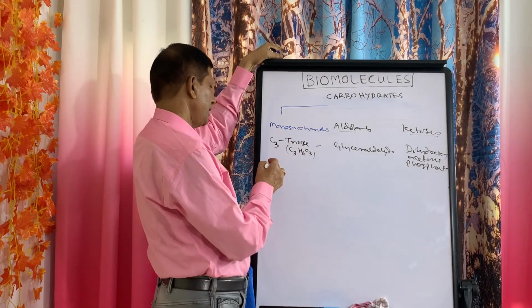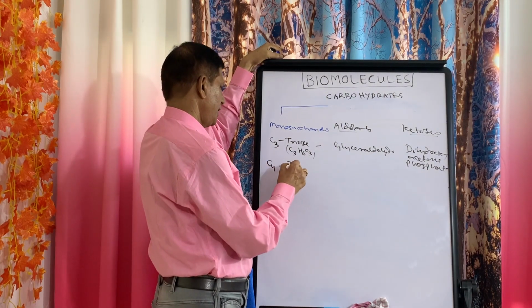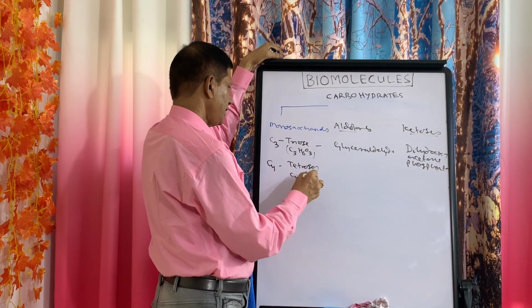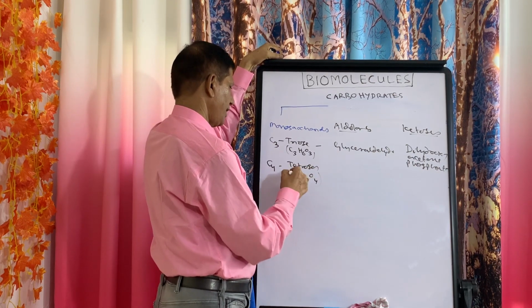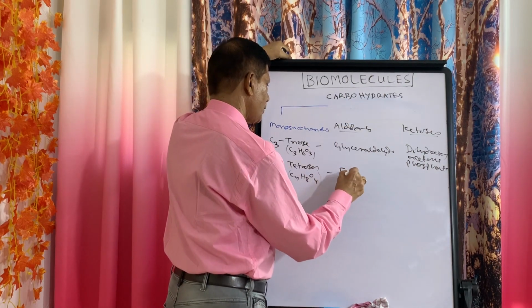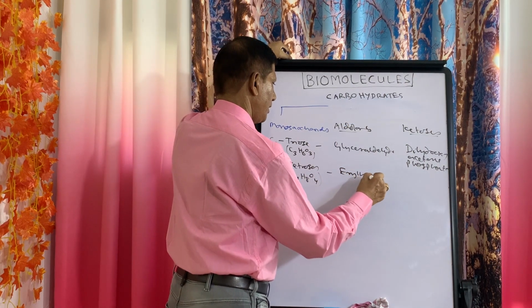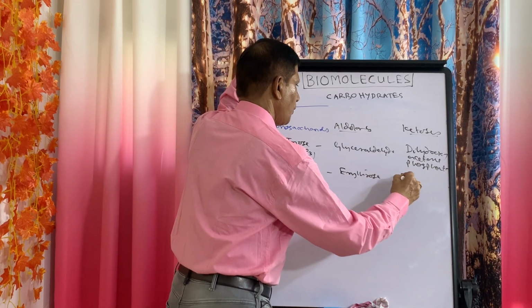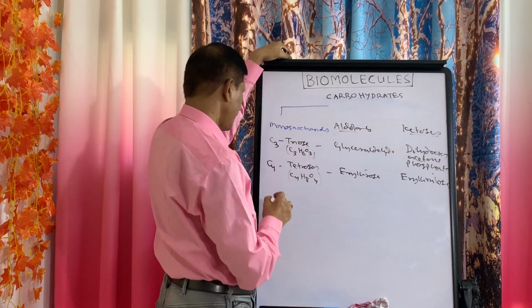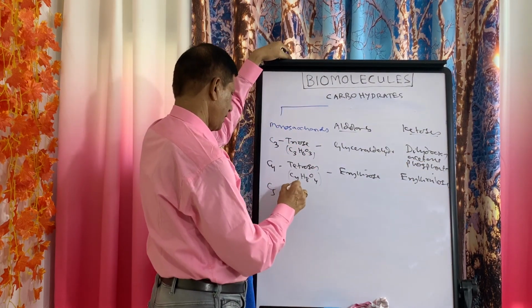These are trioses. Now come to tetroses. Tetroses C4H8O4. So this will be aldose, erythrose, and ketose, erythrulose. Now come to pentoses.